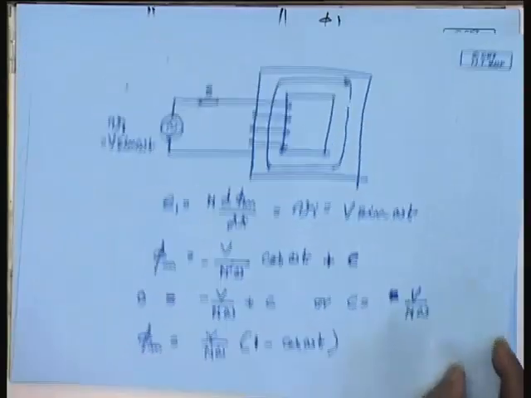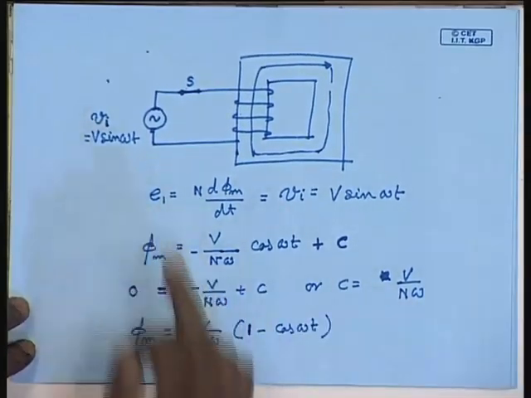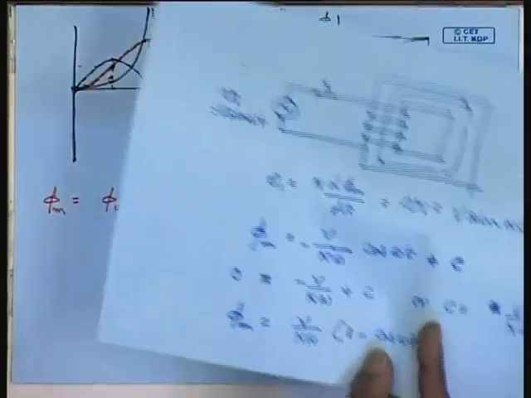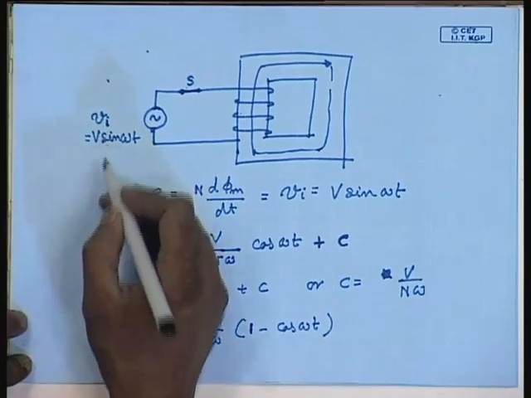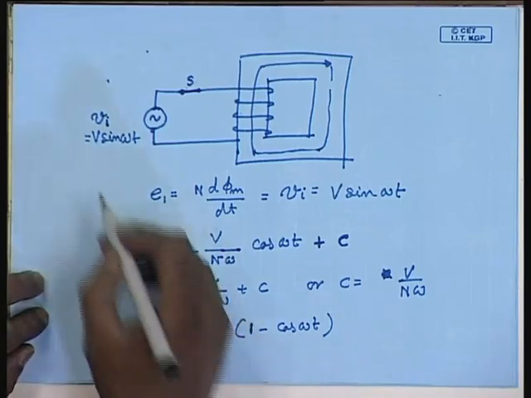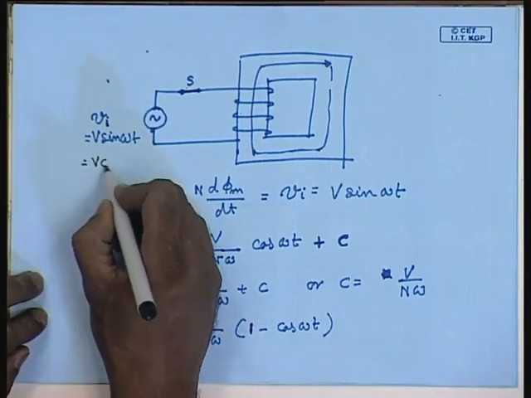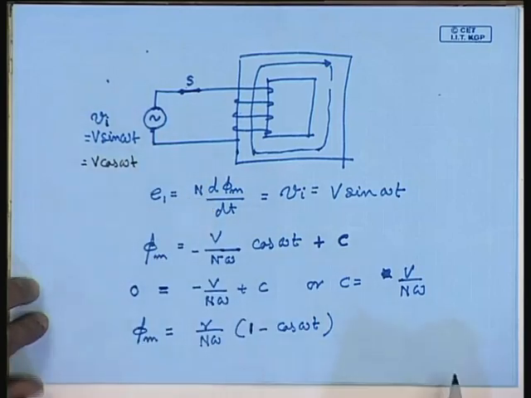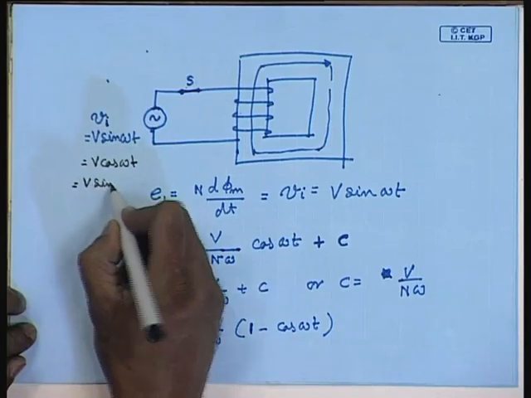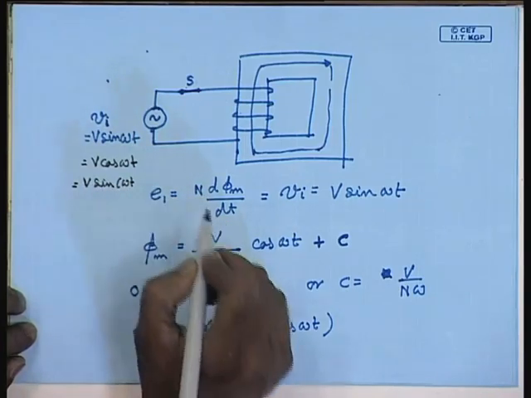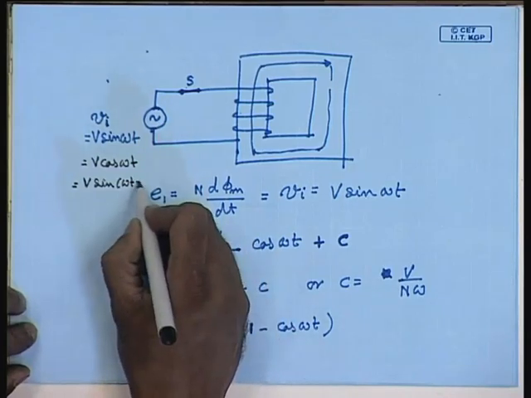It is interesting to note that instead of switching at the voltage zero crossing, had we switched it at the peak value, that is at t equal to 0, then Vi would have been given by, instead of V sin omega t, V cosine omega t, that is equal to V sin omega t plus pi by 2.